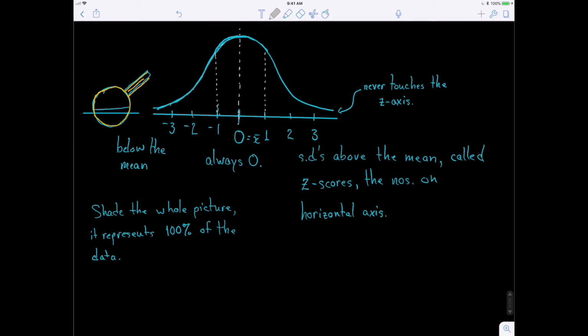And then if I start shading this region, I'll just use some simple lines. You may do a better drawing. If I shade all of this between -1 and 1 standard deviation, it represents 68% of the data. So between -1 and 1 is 68%.